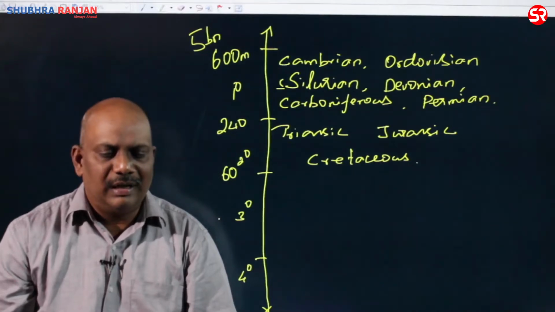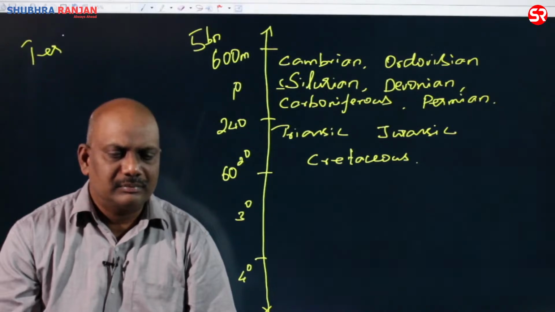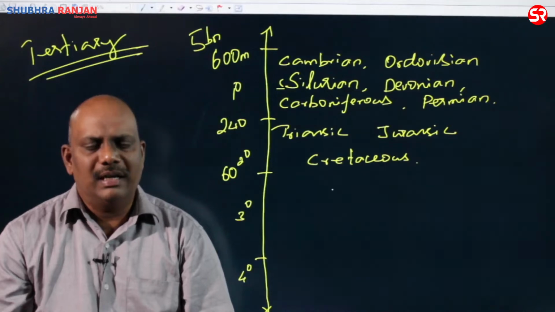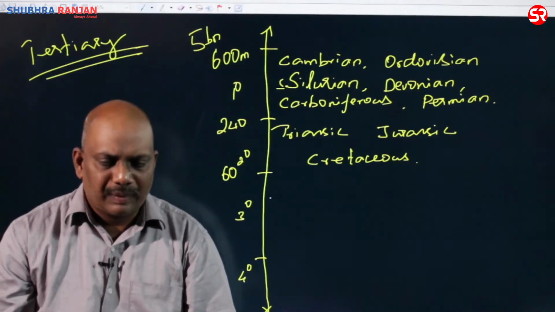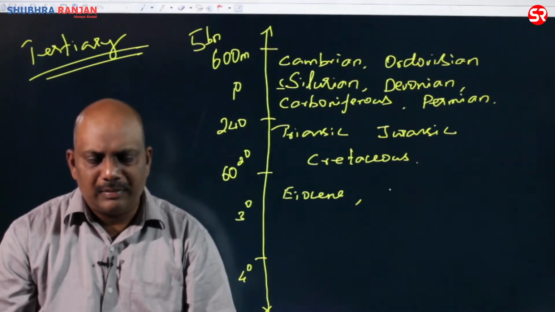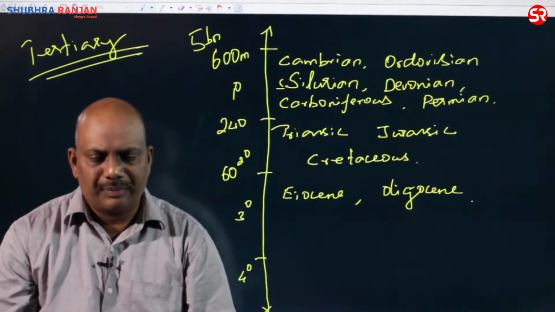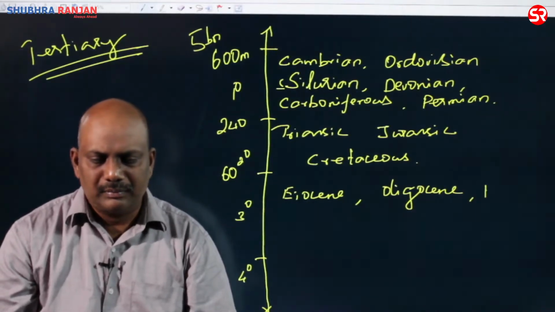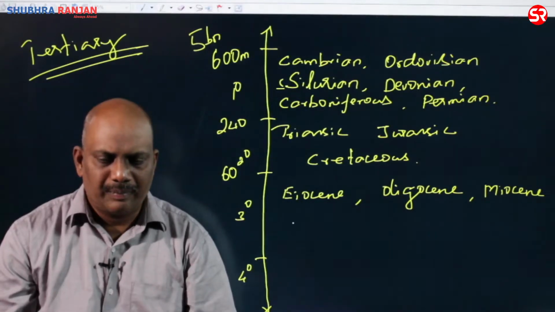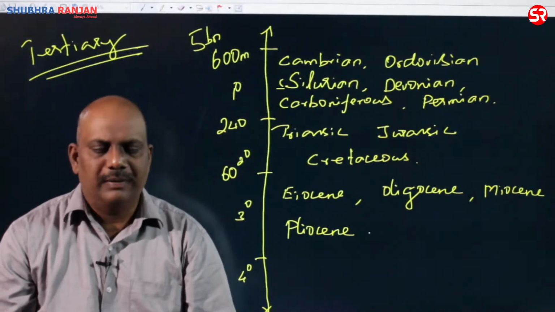Then comes the Tertiary period. The Tertiary period is again classified into Eocene, Oligocene, Miocene, and then Pliocene.